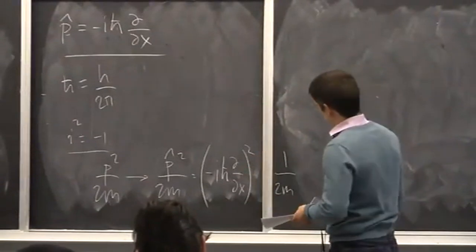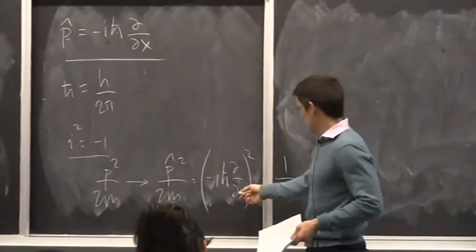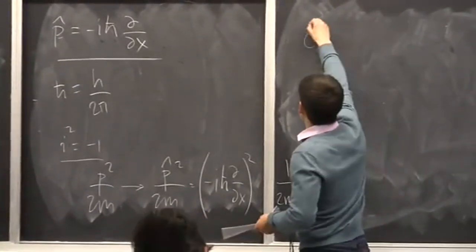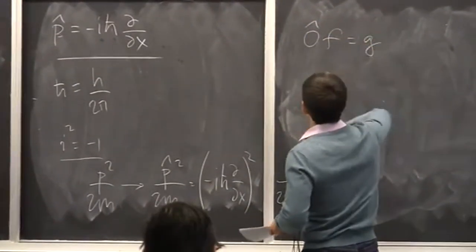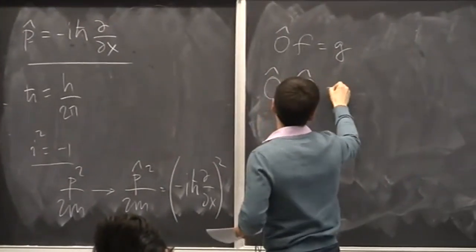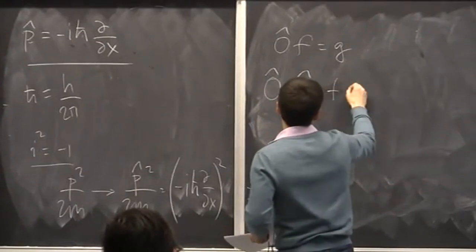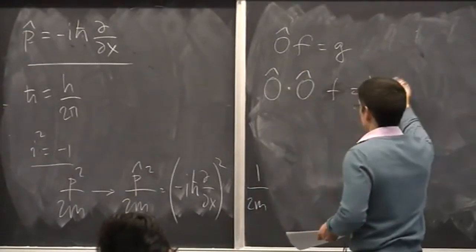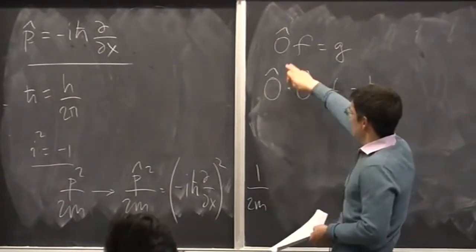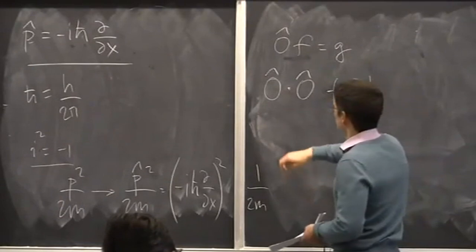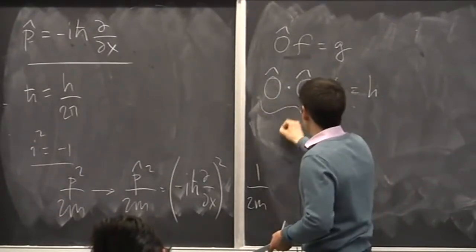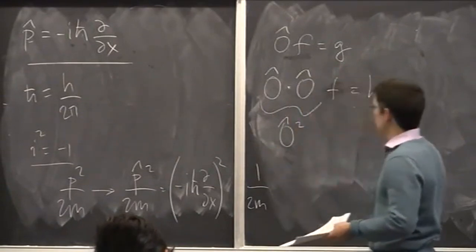So the question you may have is, what does it mean, a squared operator? And it's actually very simple. An operator operates on a function and gives another function. The square of the operator is just operating twice on the function, getting a different function, say h instead of g. g was the function that we obtain if we operate once on f by O, and if we operate twice, we call this O squared, right?